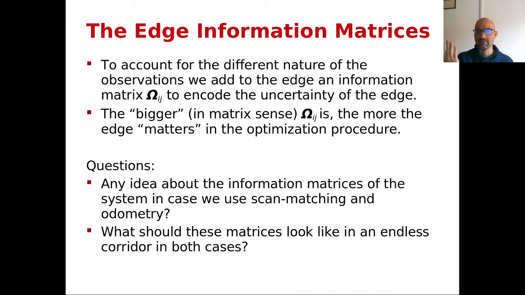Now, if I give you another scan and you register them, you will figure out that basically sliding this scan along the corridor will be equally consistent, so that you cannot really determine the translation of the robot along the corridor because the environment doesn't have enough structure. So the corridor is featureless. Imagine that you're walking on a street which looks completely alike. You're not able to say at which distance along the street you are, at which point of the street you are.